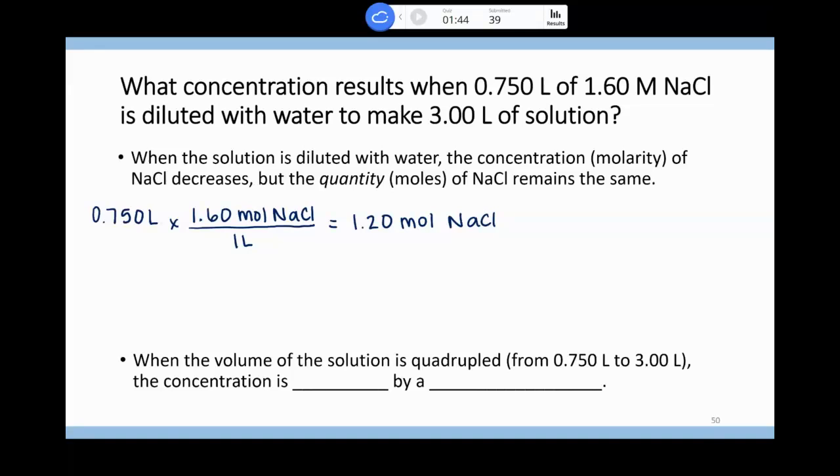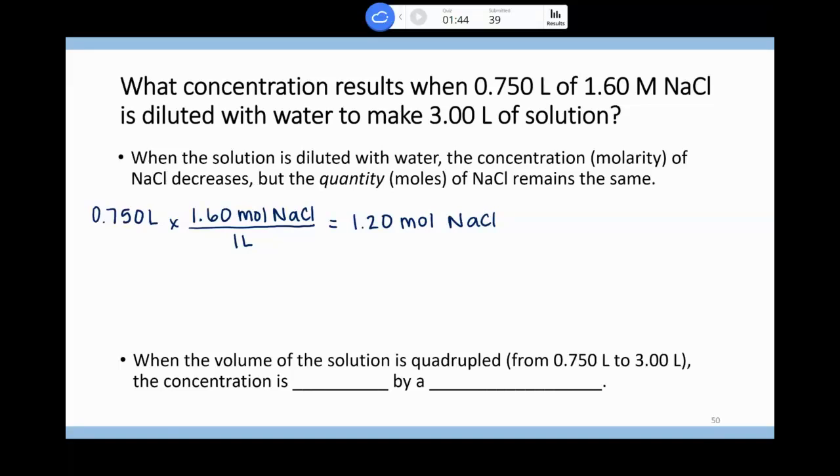So if we're taking 0.750 liters of a solution with a known molarity of 1.6 molar, in the 0.750 liters, there are 1.20 moles of sodium chloride. That's also the amount of sodium chloride that will be in our diluted solution, because we're not adding any more sodium chloride or taking any away.